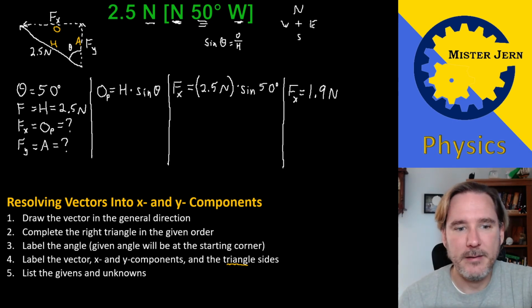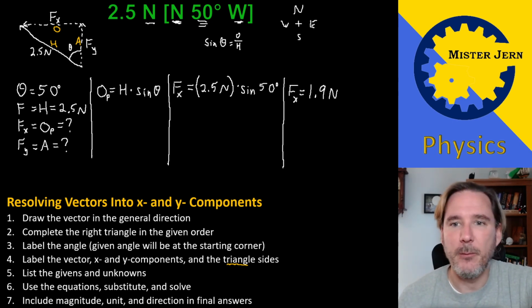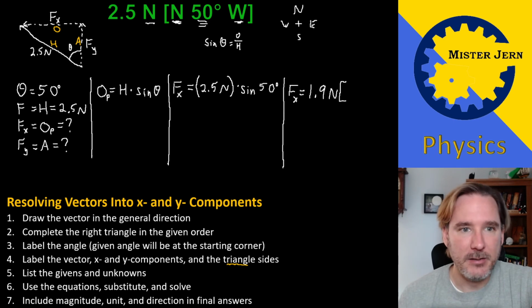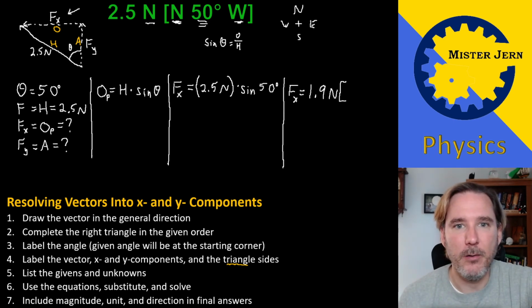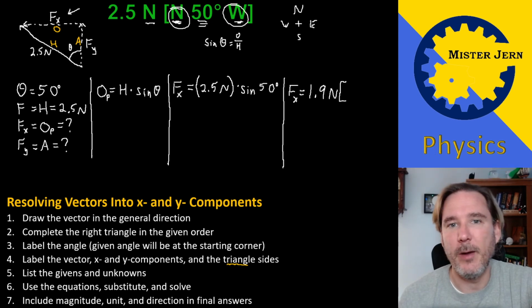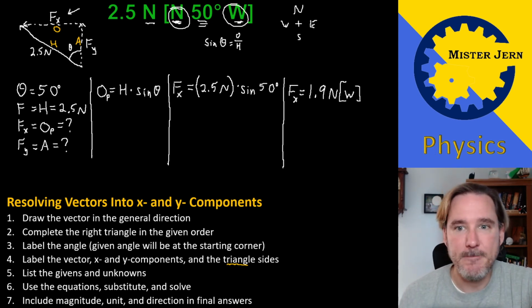And like our last step, we got to include the magnitude, unit, and the direction. So I'm going to put the direction. In this case, it's the x direction. And if I look back here, it's going to be either north or to the west. In this case, it is going to be to the west because that is the x direction.